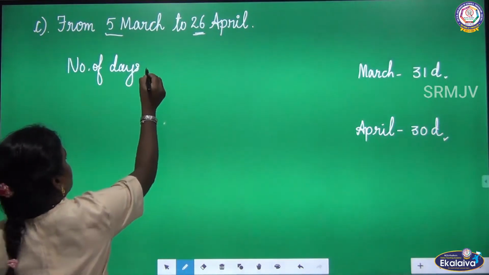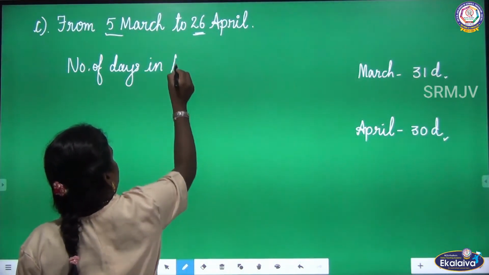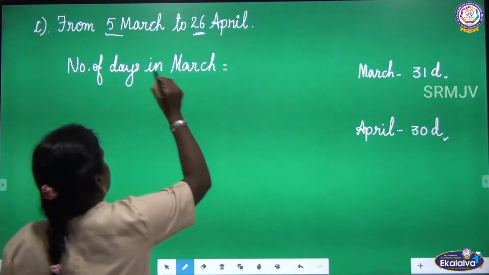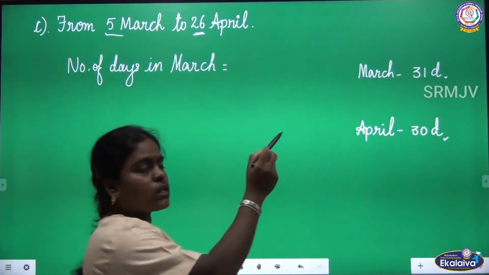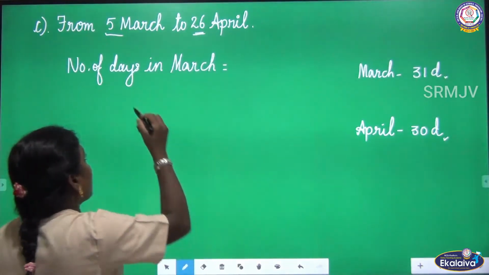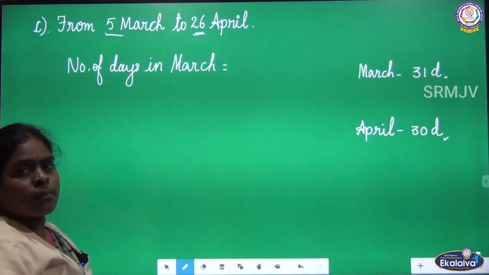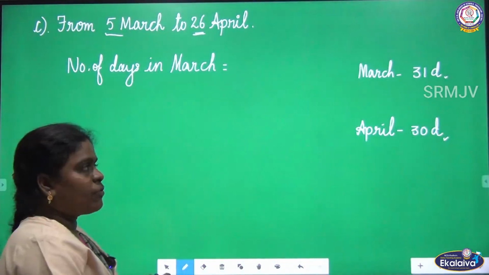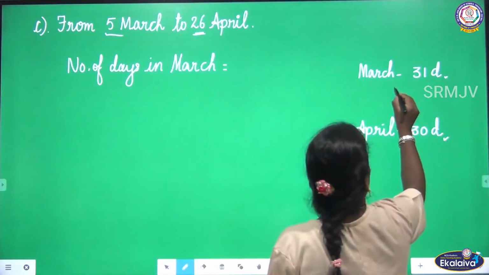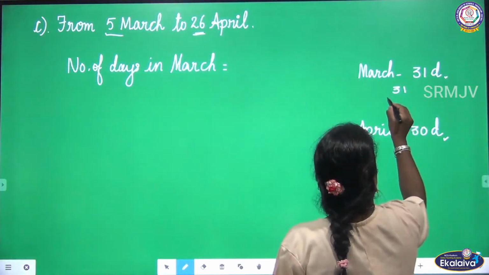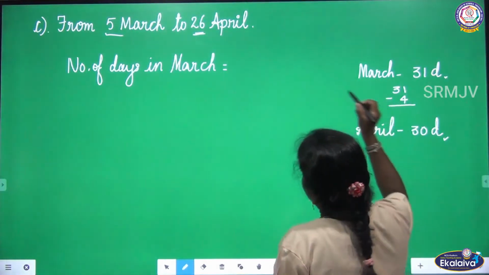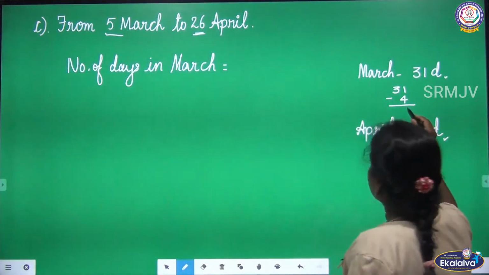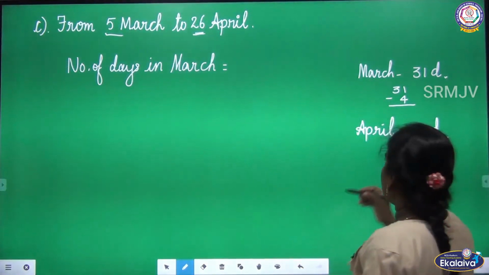Number of days in March. Listen children, in March month we have 31 days totally, but here we are going to count from 5th March. So there are 4 days before. We are going to subtract 4 because we are including the 5th March also. So subtract only 4 days which is before.